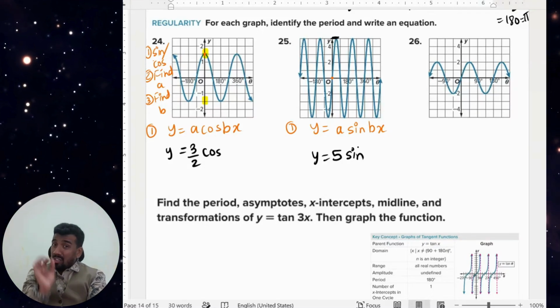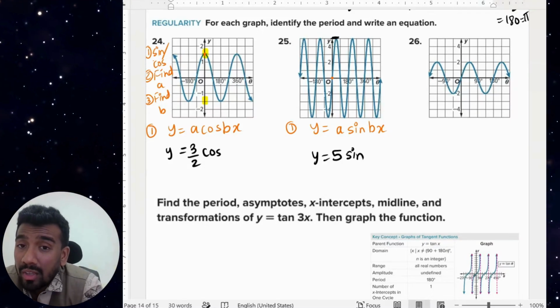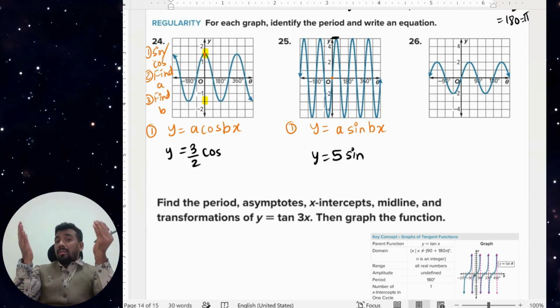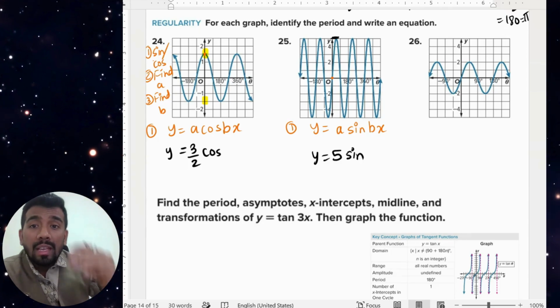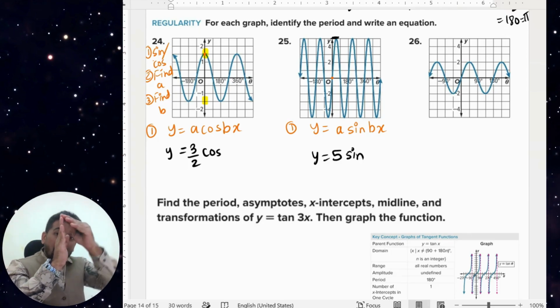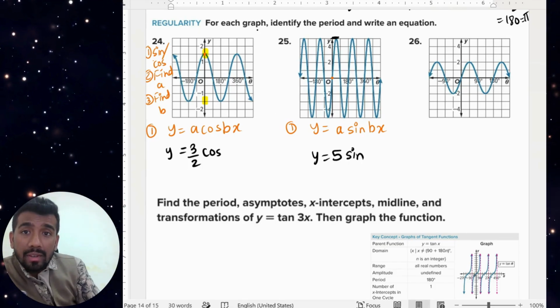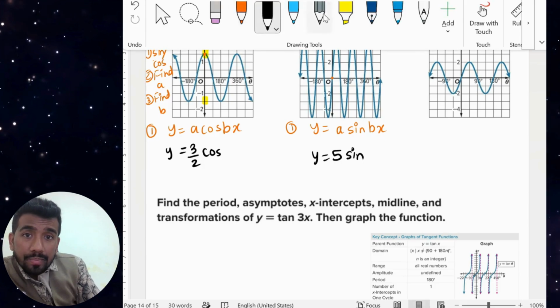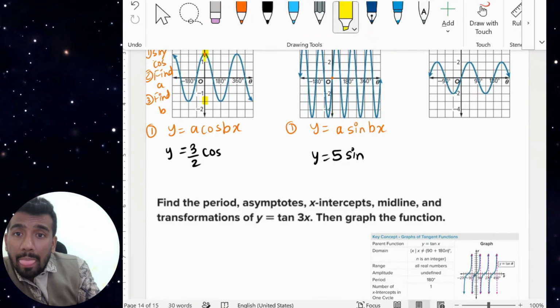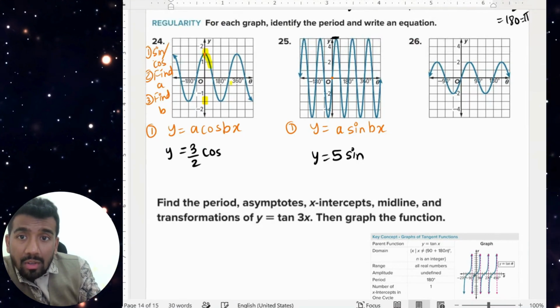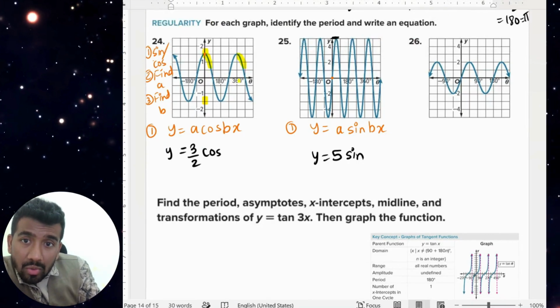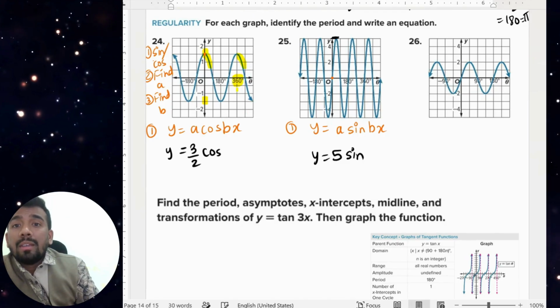The next is B. Now to find B, you should know the period. How do you know the period? We did it from the graph above. See from the 0. At 0, how is the graph going? And again, when it's repeating, that is your period. Let's see in the first one. At 0, the graph is going down. Where again it goes down here. So what's the period? 360.